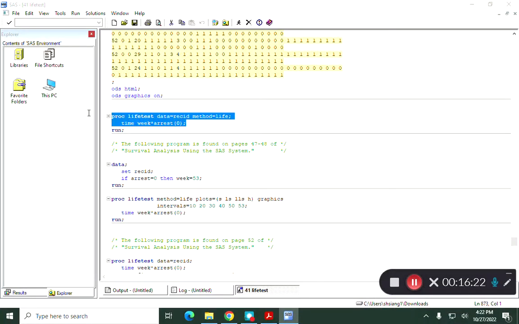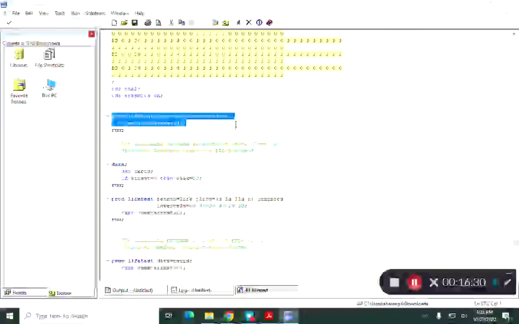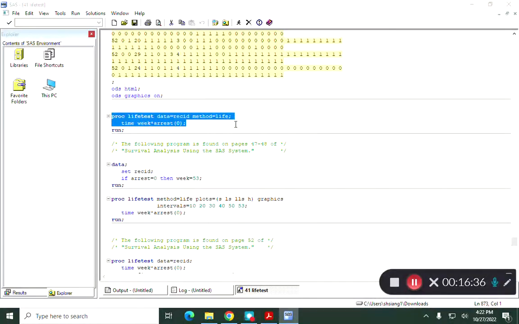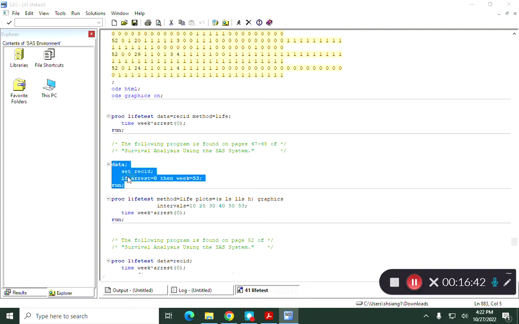live test, proc lifetest method using life table, okay, this lets SAS decide the batch. So SAS decides every 10 weeks. But here, we copy the data set.